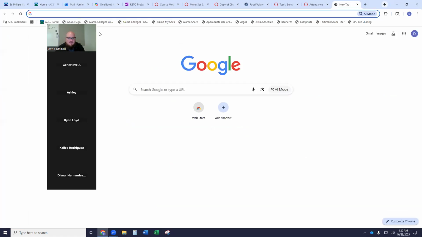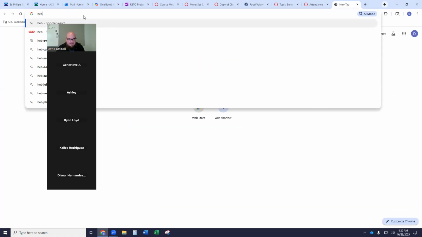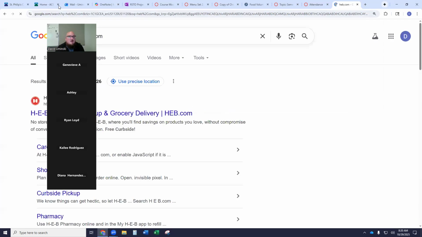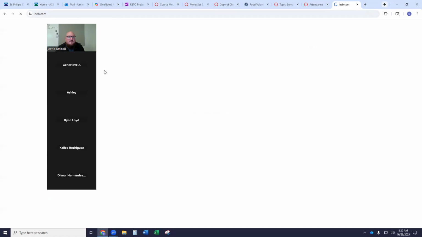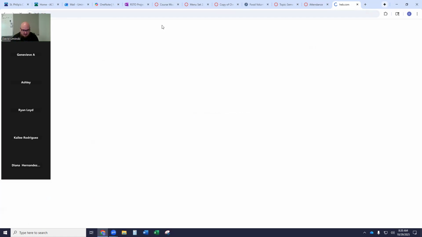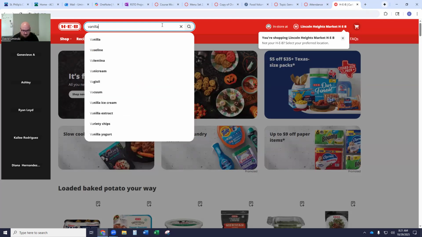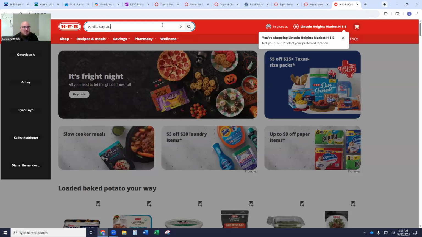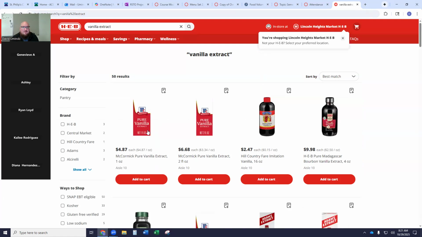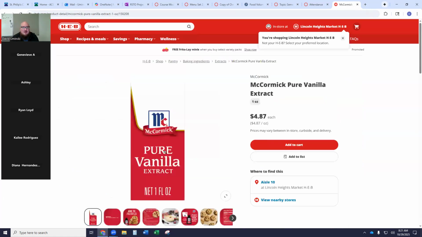A little bit. Okay, so let me show you another example real quick. If I were to type in vanilla extract, you notice here it says net 1 fluid ounce.